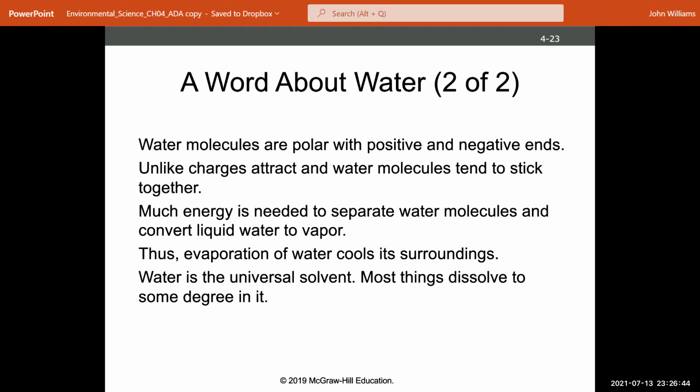Water is an interesting molecule in that it's a polar molecule. What that basically means is that water has a positive end and a negative end. Let's say we have a water molecule here, H2O: one oxygen atom with two hydrogen atoms bound to it. Oxygen is a greedy electron acceptor.